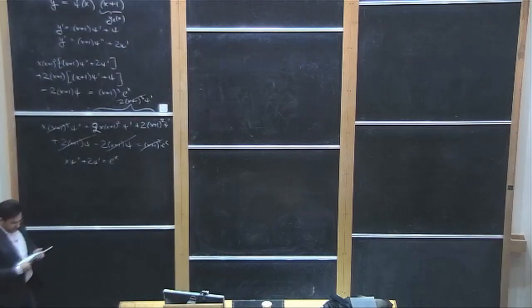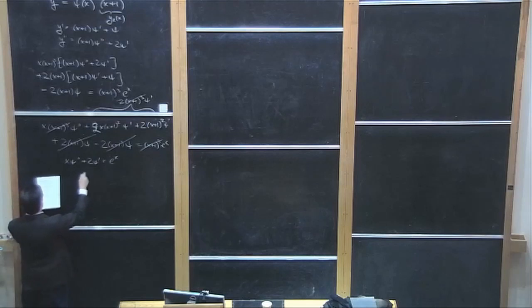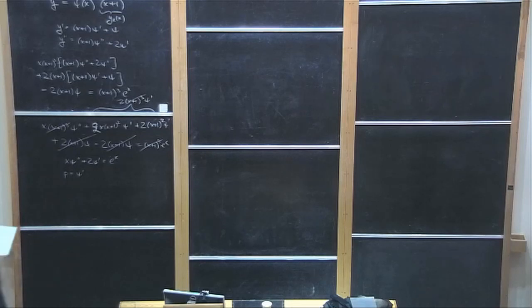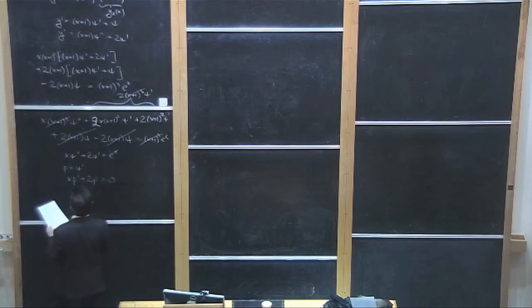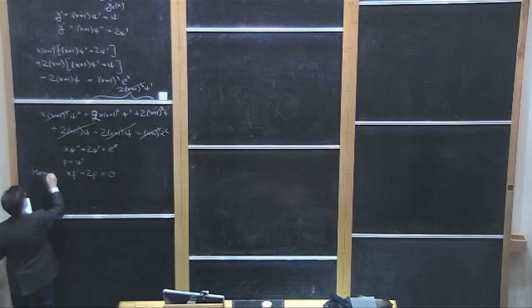You know, matrix strikes again. And this is a linear equation for psi prime. It's a linear first order equation for psi prime. So x p prime plus 2p equals 0 is the homogeneous version. This is the homogeneous equation that we can solve, right?